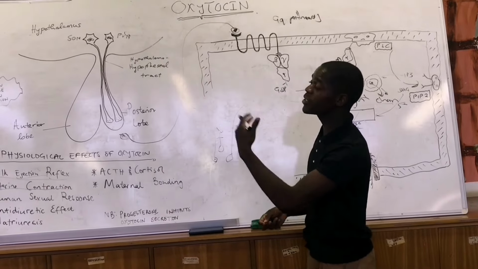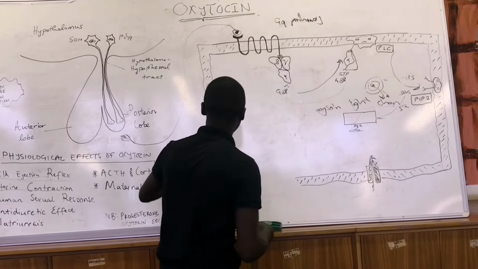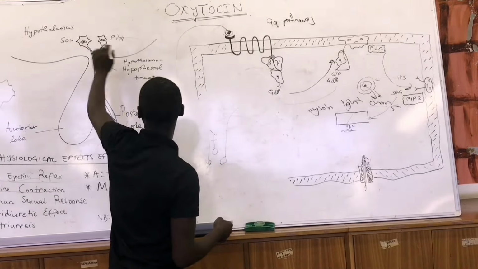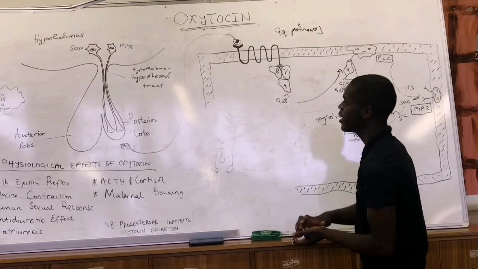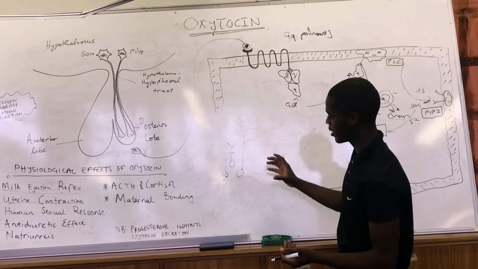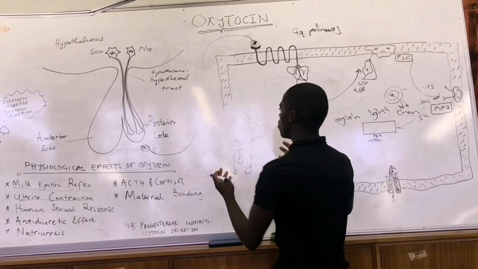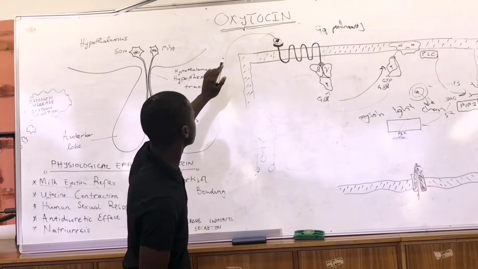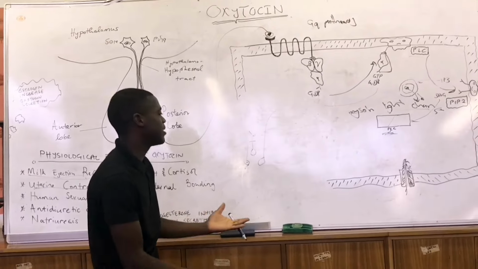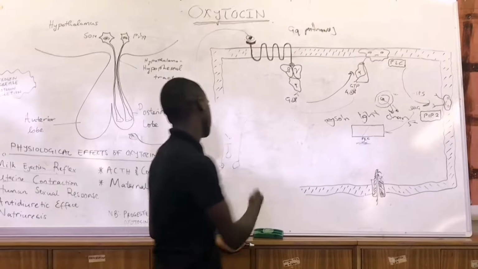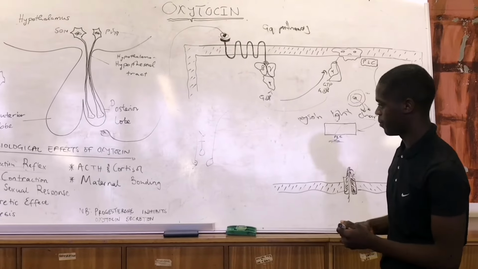This will have a positive feedback effect, whereby signals are going to be sent to the hypothalamus to secrete even more oxytocin, and this will result in more and more contractions occurring. And this gives oxytocin the name swift childbirth. So this sort of eases or hastens the process of childbirth.